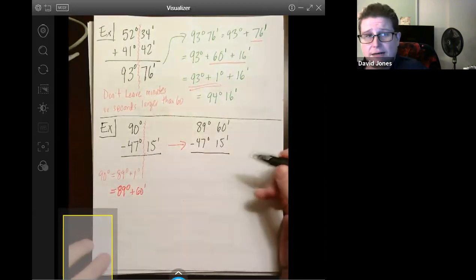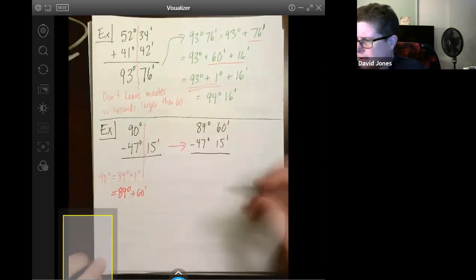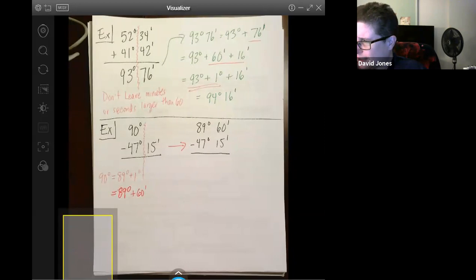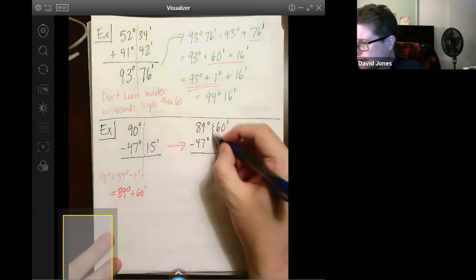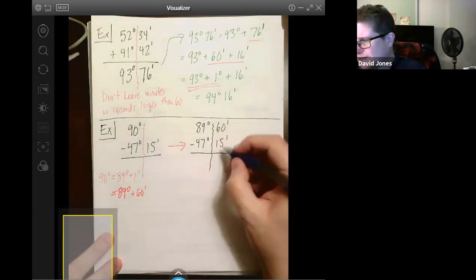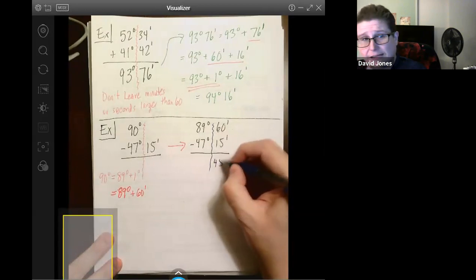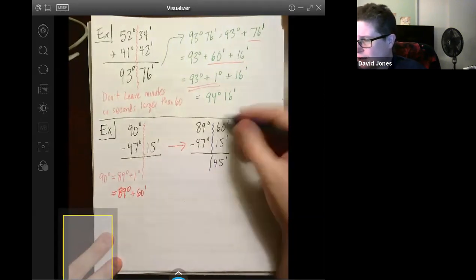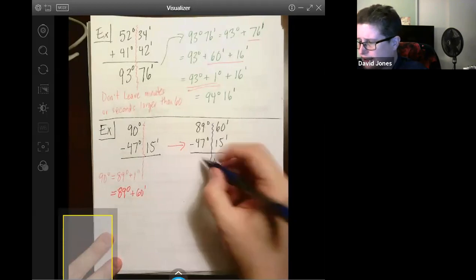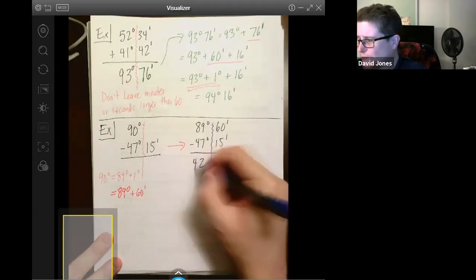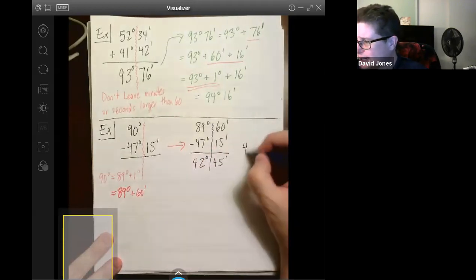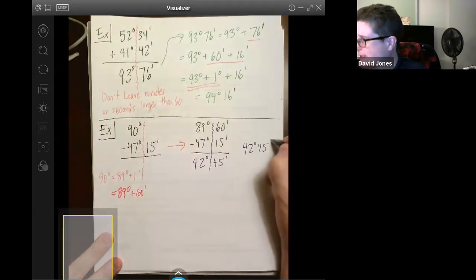You see what I did there? And then we can go through it, solve it like normal. 60 minus 15 is 45. If you need to borrow the 1, do so. 9 minus 7 is 2, 8 minus 4 is 4, 42 degrees, 45 minutes.